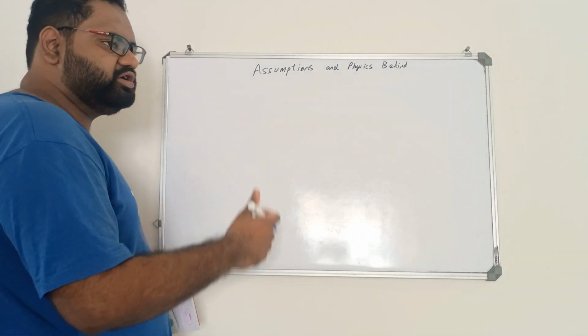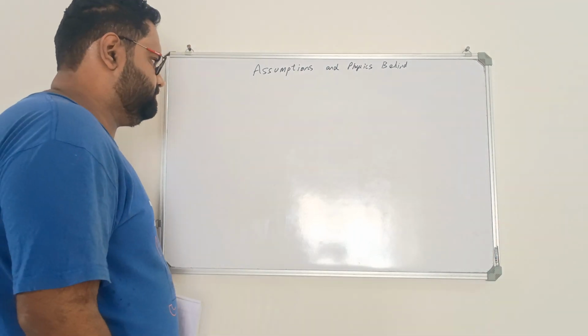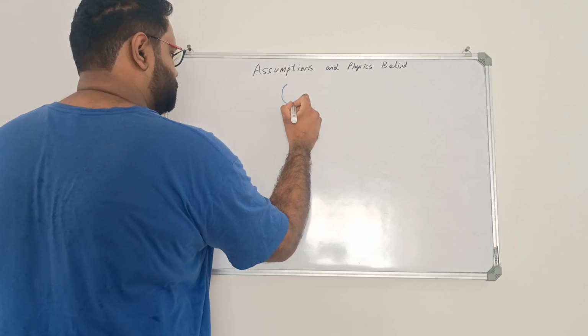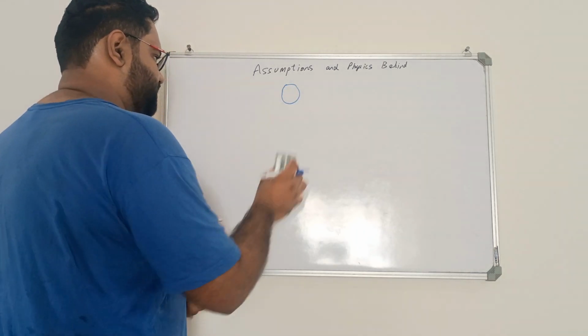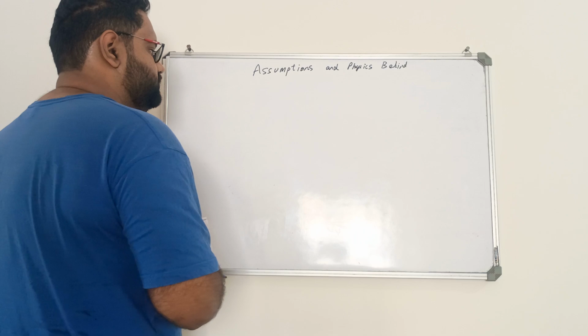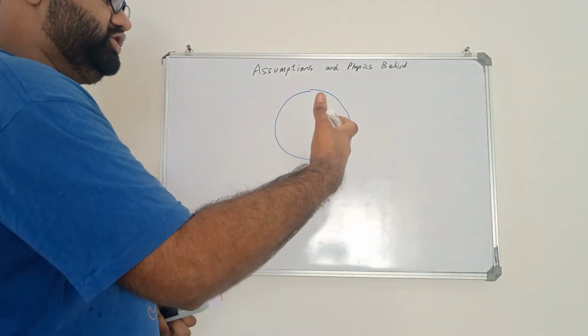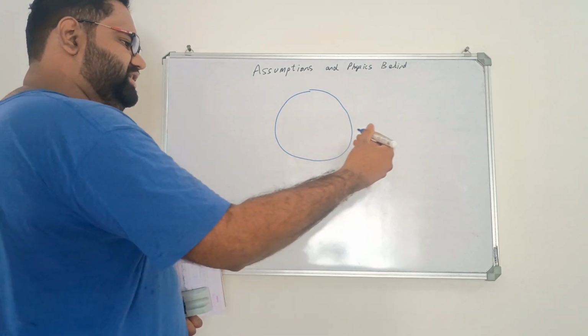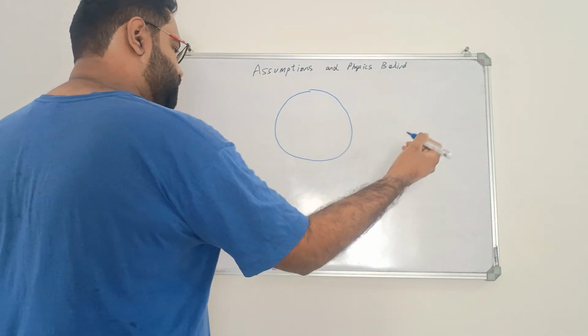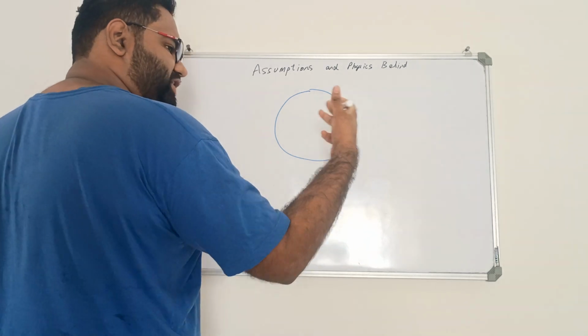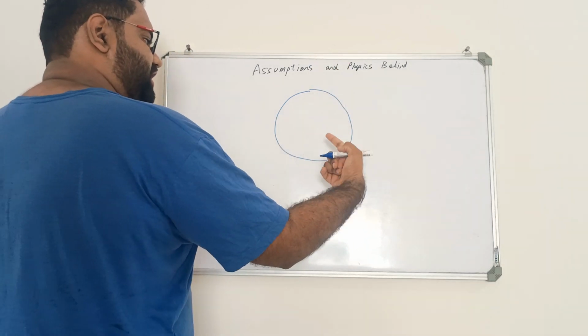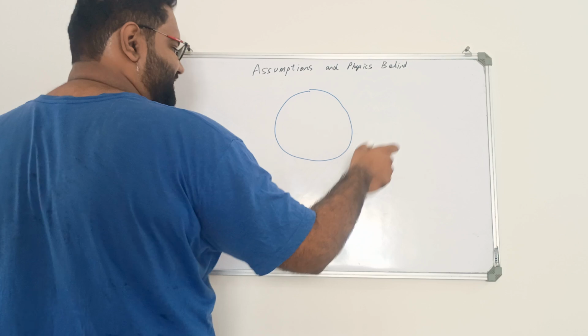So let us look at the cross section of an optic fiber. Just draw it a little bigger. In the optic fiber, the rays go in at an angle, hitting one of the mirrors. This is of course a reflective surface.